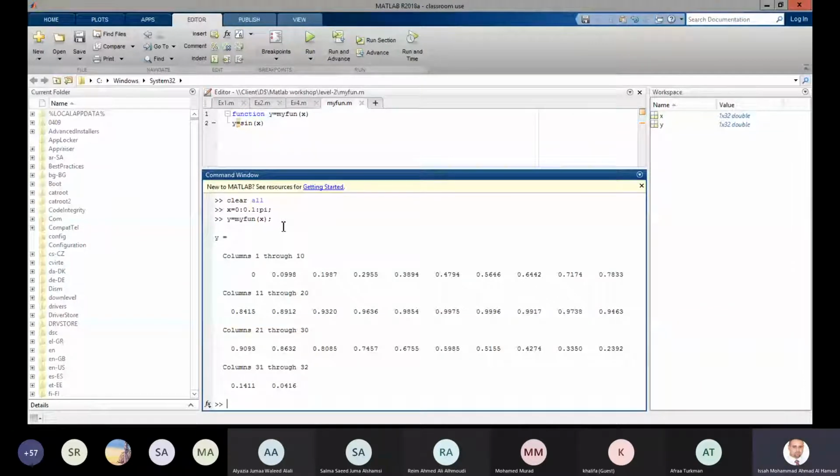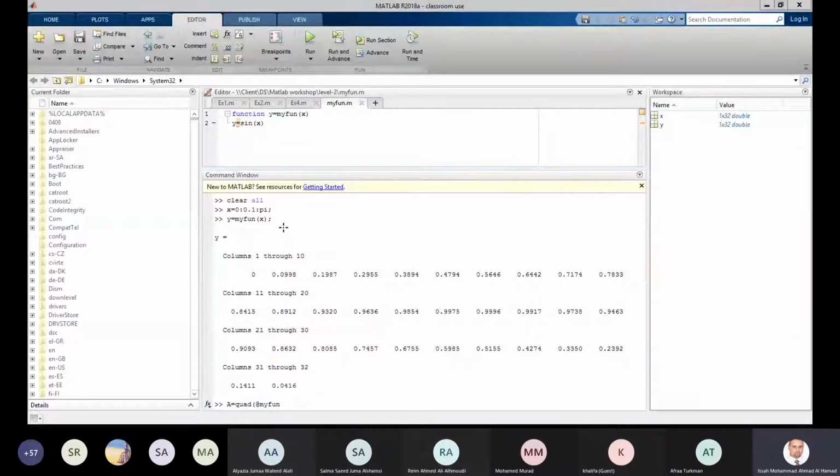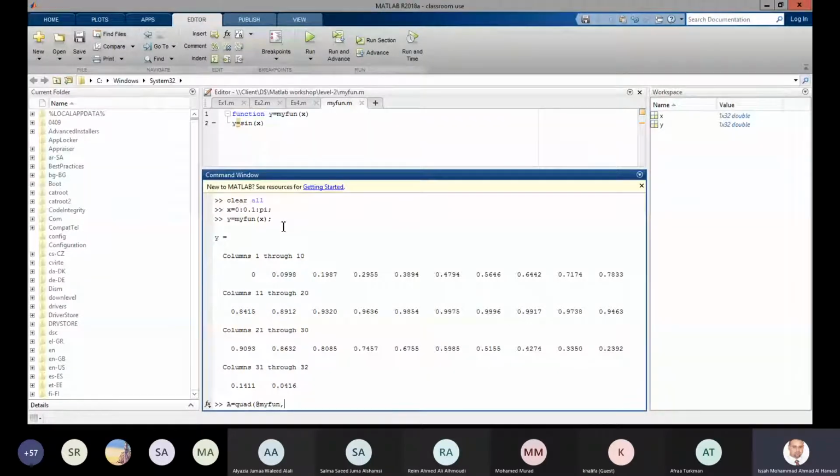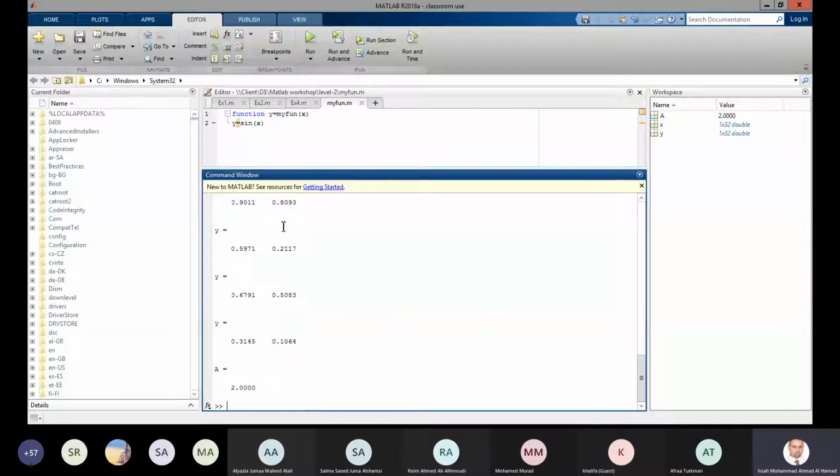So this is y. Now I can use the numerical integration method, the Simpson quadrature. A equals quad, at my fun, which is the function we defined, from 0 to pi. So this is the value of A. Let me suppress here.